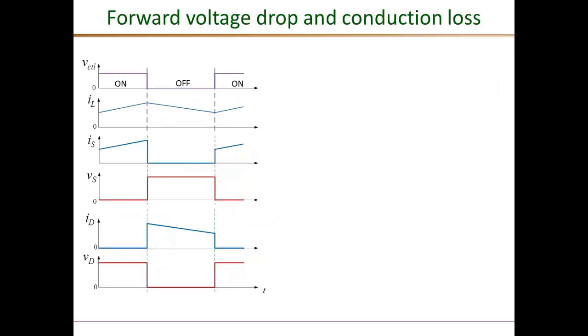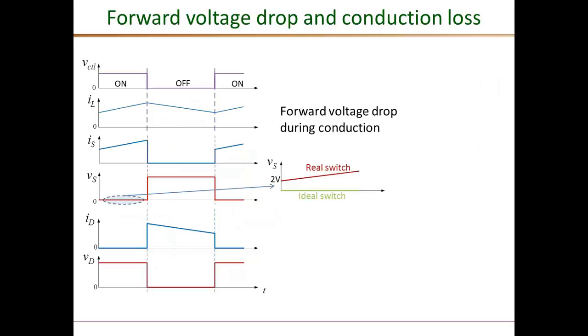In this particular slide, I'm going to look at the forward voltage drop and the resulting conduction loss. So let's zoom in on this on interval, the switch voltage, the MOSFET voltage waveform. If I really zoom in, I can see that this ideal switch waveform is exactly 0 when the device is on, whereas a real switch will have a significant forward drop.